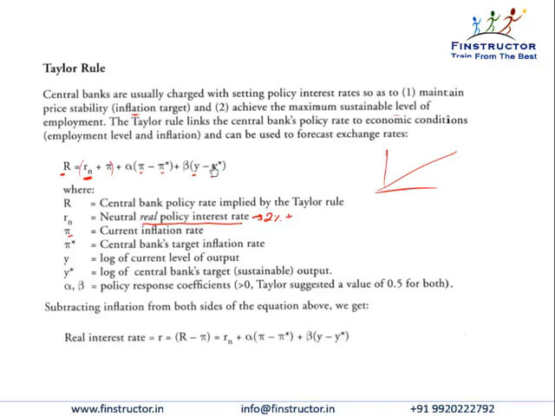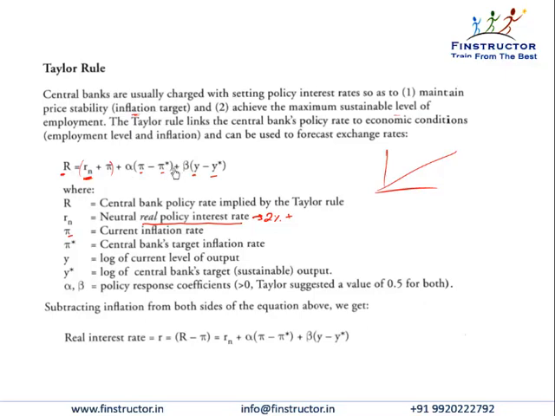If the growth is much higher than our target, then again we may want to cool the economy, as we don't want such rapid growth, because it may be fueled by investments and by unsustainable factors. So if the GDP growth is much higher than the target, then again the implied rate or the current rate can be higher than the target rate, because we want to slow down GDP growth or output growth.